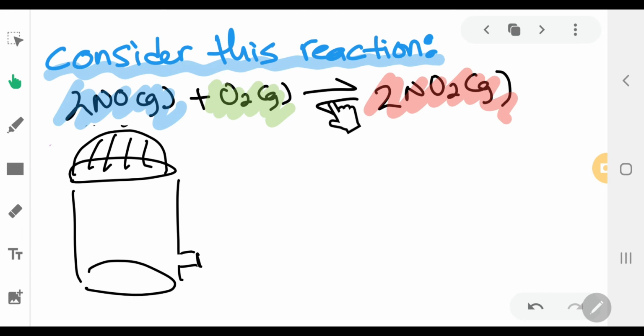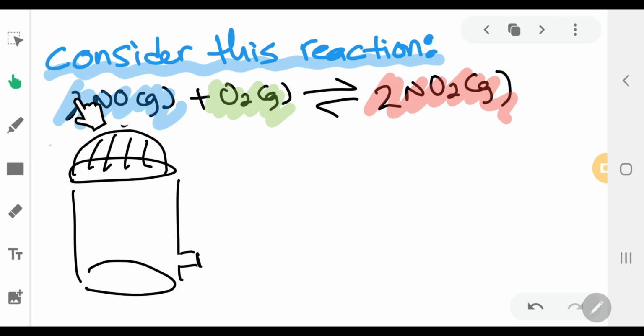So we have a difference in the number of moles of gaseous species. Therefore, when you change the pressure and the volume of the vessel, you will have a shift in the equilibrium.